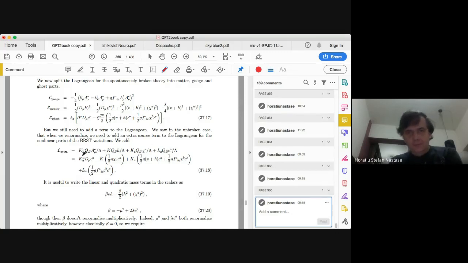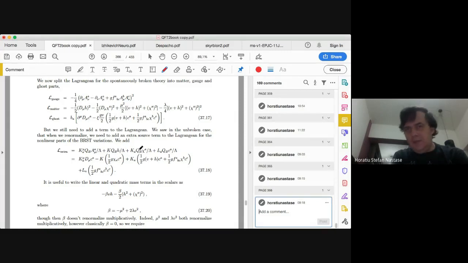So we'll have source K^μ_a for the BRST variation of A_μ^a, so times this Q_B A_μ^a over lambda, and then source K for the BRST variation of h.